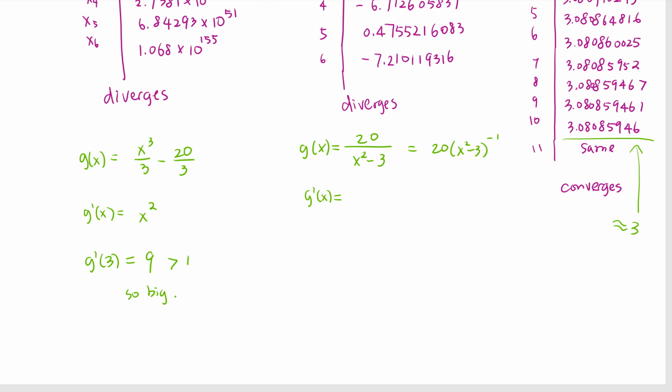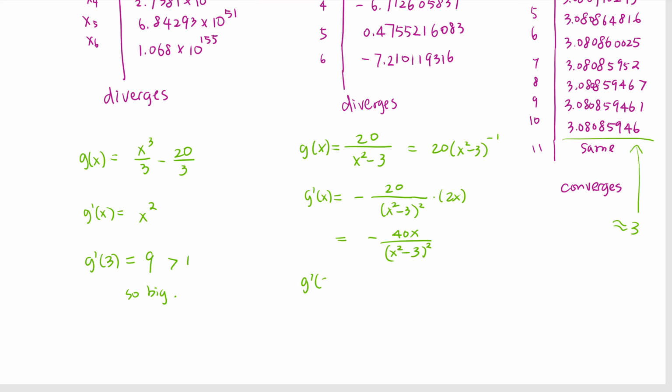We use the chain rule. So minus 20 over x squared minus 3, squared, times u prime, which is 2x. So the answer is minus 40x over x squared minus 3 squared.